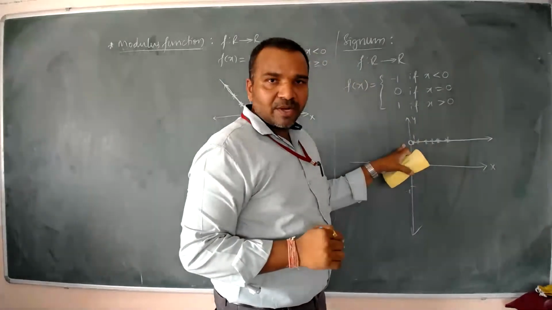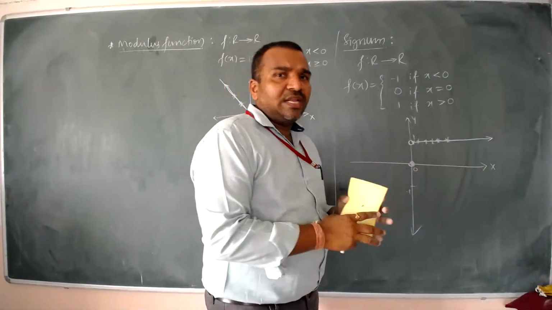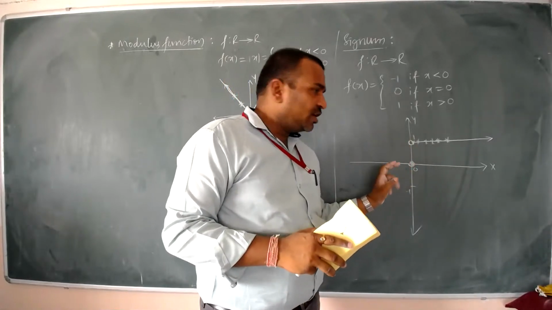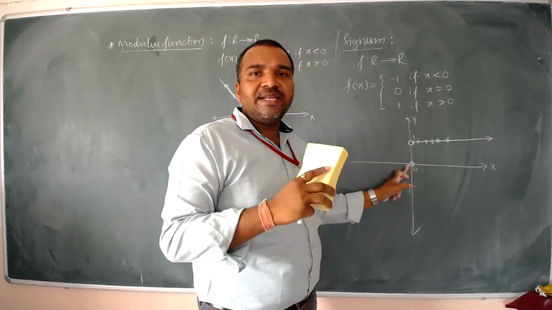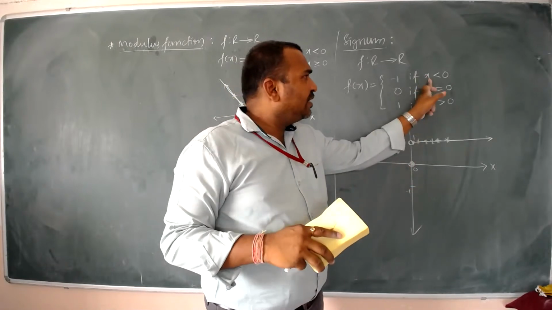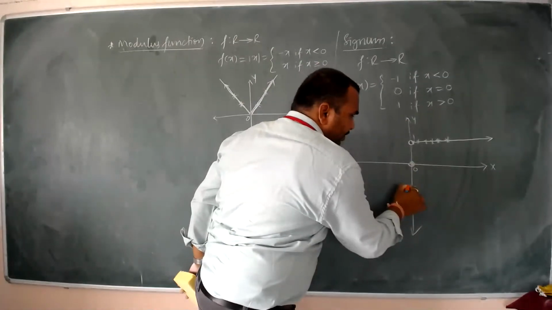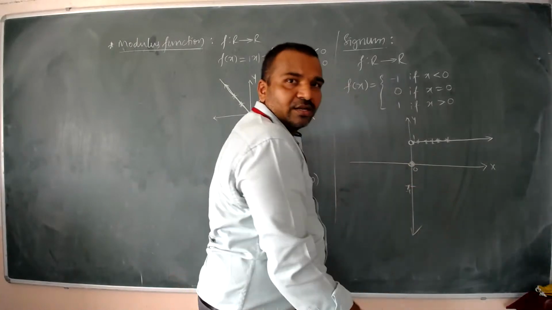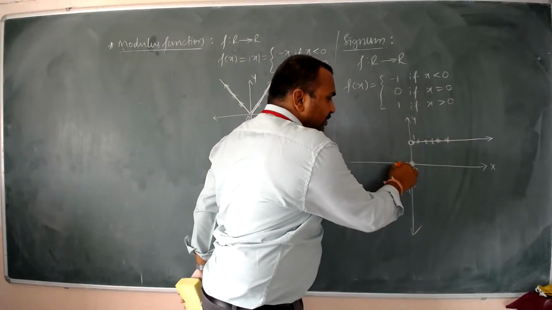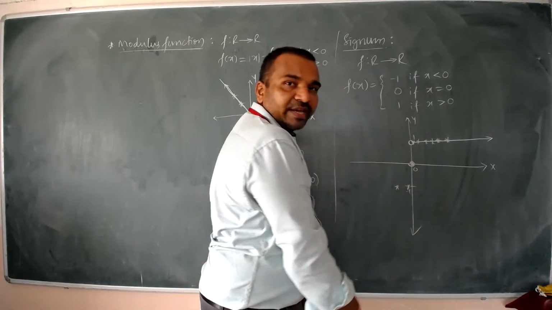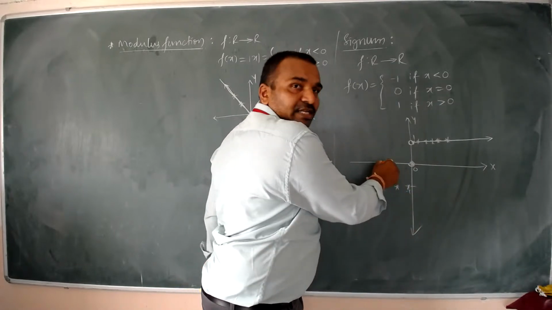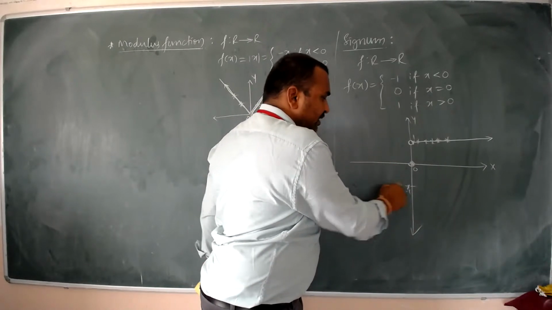If it takes negative values on the left side of the origin, say x value is minus 0.1, then f of x is minus 1. If x value is minus 1, f of x is minus 1. If x value is minus 2, f of x is minus 1.